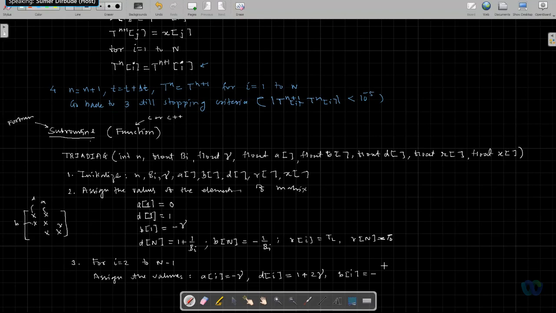Negative gamma, isn't it? Negative on the left side, negative on the right side, and then the central coefficient is positive.